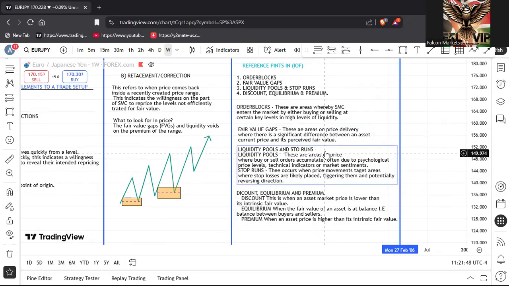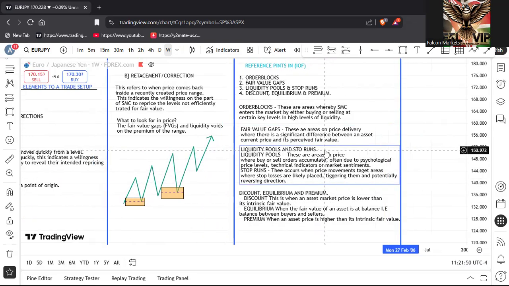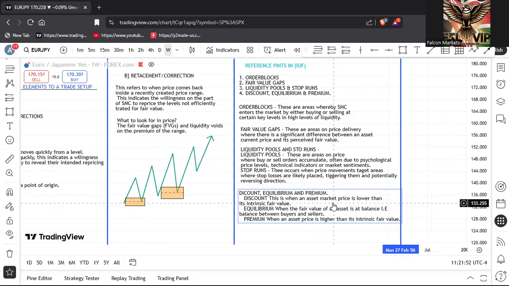Discount, equilibrium, and premium. Discount is when an asset's market price is lower than its intrinsic fair value. Equilibrium is when the fair value of an asset is at balance between buyers and sellers. Premium is when the asset price is higher than its intrinsic value.